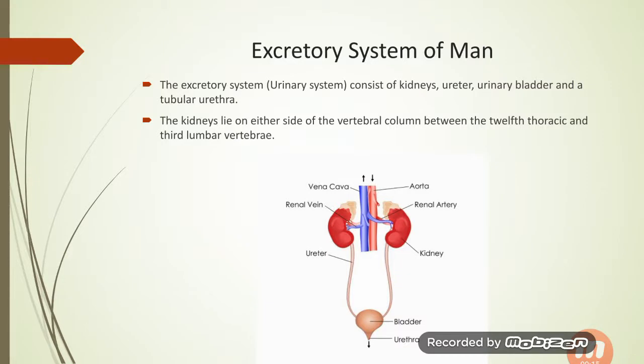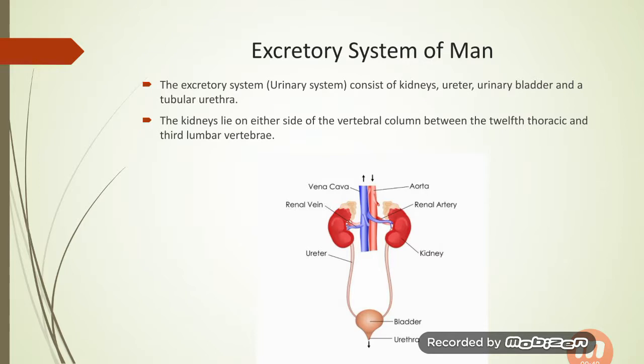Now the excretory system of vertebrates, or the excretory system of man. The excretory system of man consists of kidneys, ureter, urinary bladder and a tubular urethra.